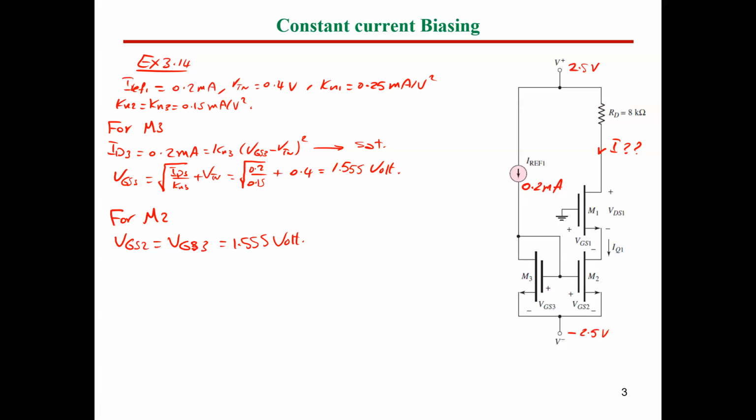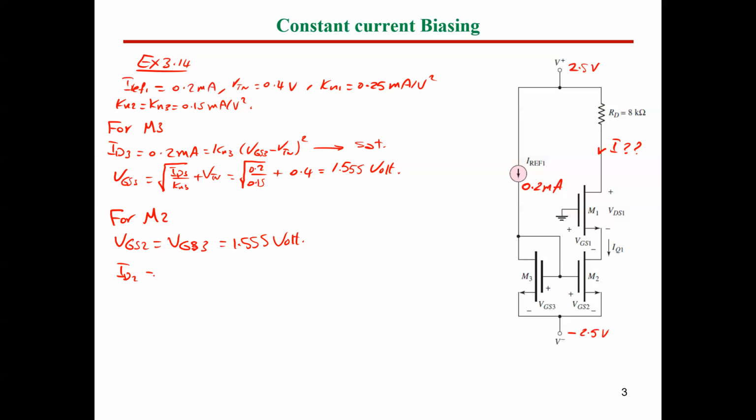Since we have VGS for MOSFET M2, and we need to investigate what would be the current, let's make a relation now for MOSFET M2. So we can say ID2, which is unknown, this is the required current. Also assume it's working in saturation mode.